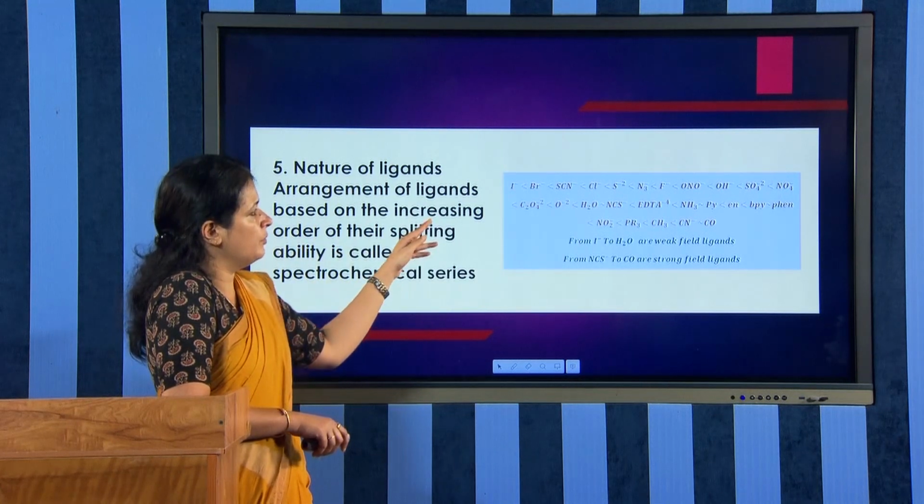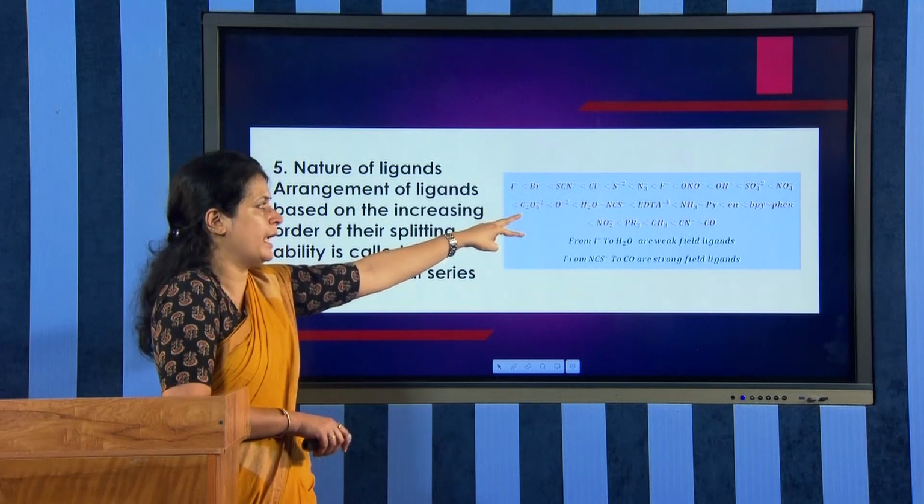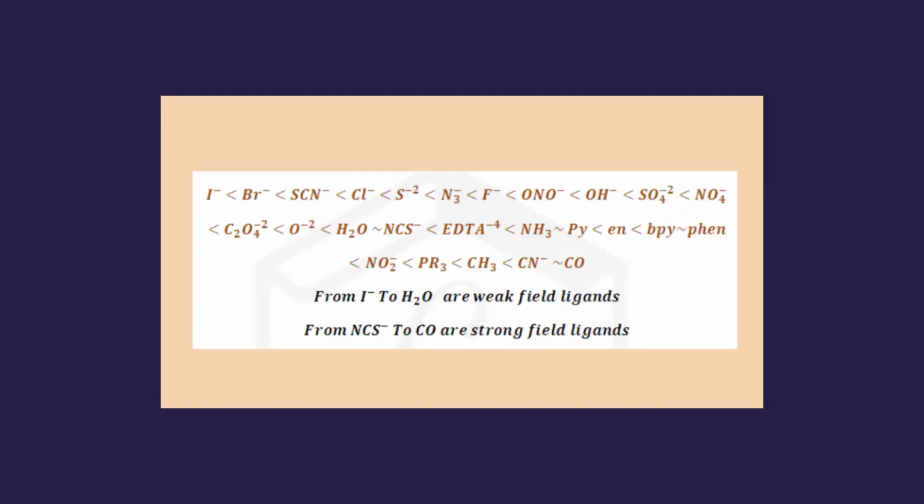H2O and NCS have a similar splitting ability, and from there to CO, they are generally called strong field ligands, because they have a strong ability to split the d orbitals.